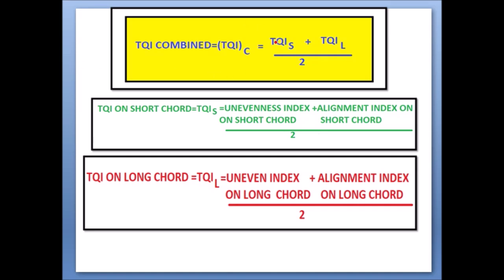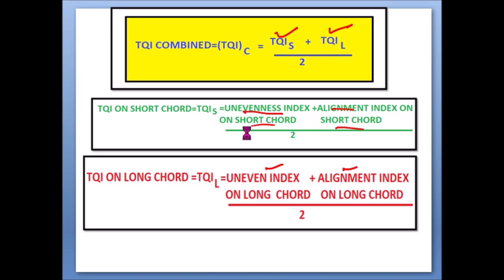So for calculating TQI, we require TQIS and TQIL. For TQIS, we require unevenness index and alignment index over short chord, and for TQIL, unevenness index and alignment index over long chord.